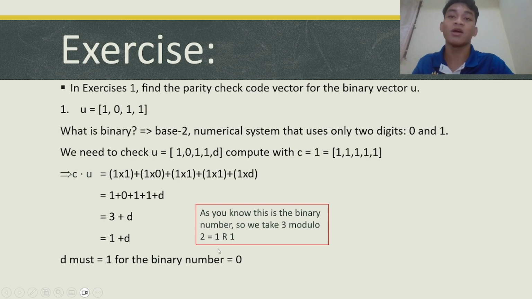Because in order for the result to equal 0, D must equal 1, because 1 plus 1 is 2, and 2 modulus 2, we get 0, because 2 minus 2, the remainder will be 0. So in this exercise we need to add another 1 in here, in order for the exercise to be true.